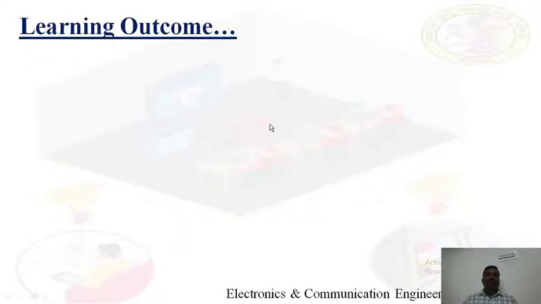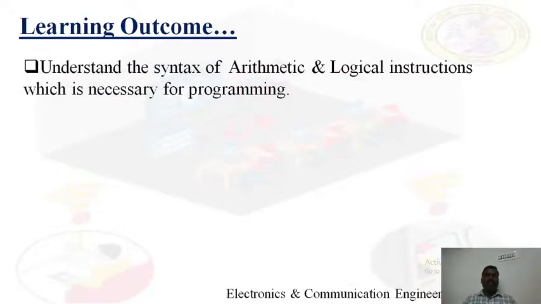Okay. So what we learned from this session is, we have studied arithmetic and logical operation syntax, because it's necessary for programming. If you have written wrong instruction mnemonics, so always we have to use the same syntax. For example, we have used the MOV mnemonic here in ARM instructions in order to transfer the data from one register to another register, or an immediate number to any register.